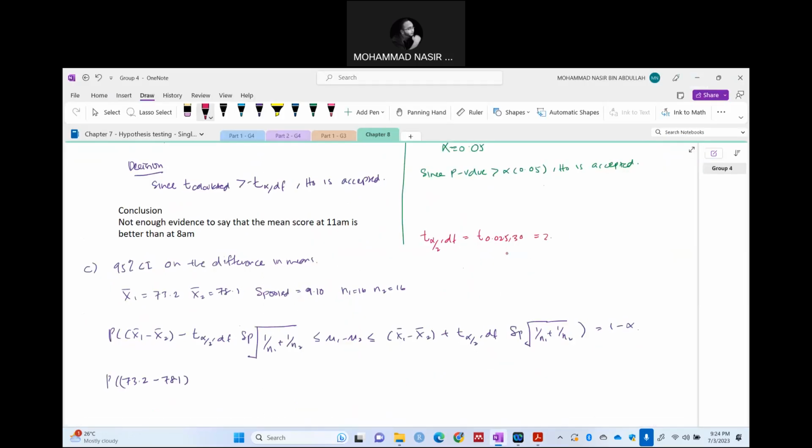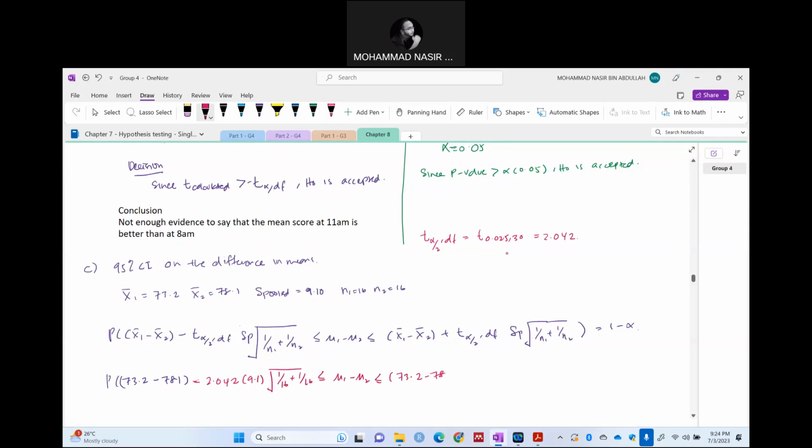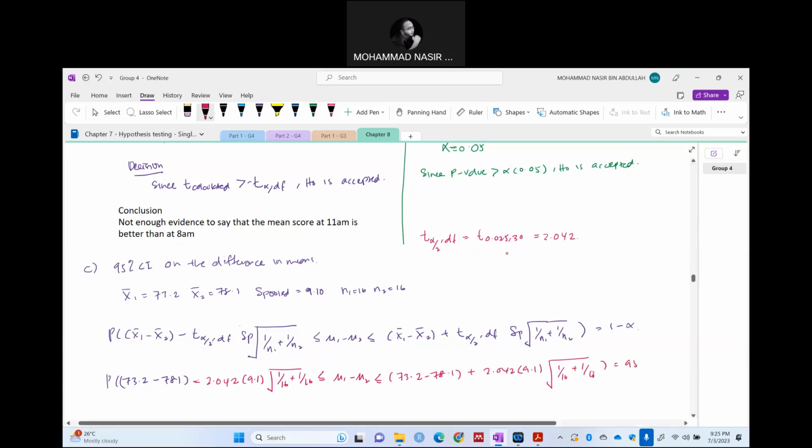So minus 2.042 multiplied by 9.1 multiplied by the square root of 1 over 16 plus 1 over 16. On the right hand side, it's the same: 73.2 minus 78.1 plus 2.042 times 9.1 times the square root of 1 over 16 plus 1 over 16, equal to 95%.